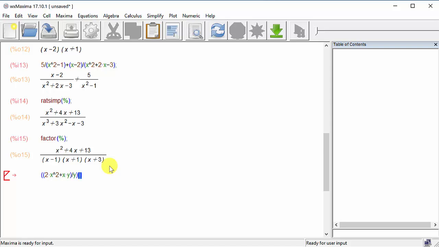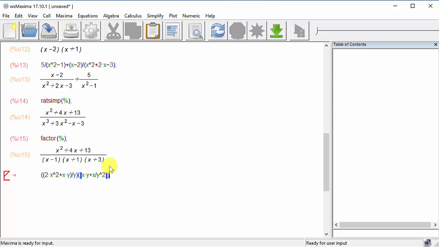So I'm going to do parenthesis. All right. Now I'm going to have a fraction in the denominator. So in parentheses, for the numerator of the denominator, I'm going to have x times y plus x, and then that is going to be divided by y squared.